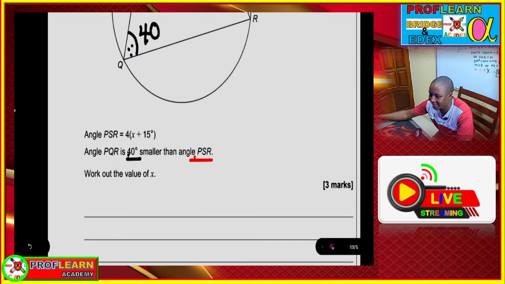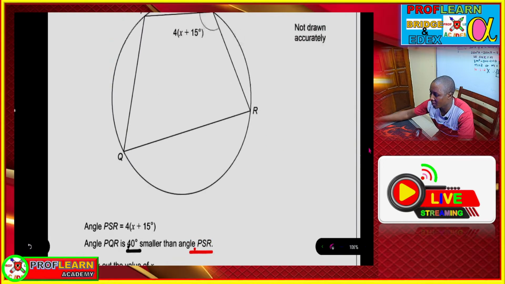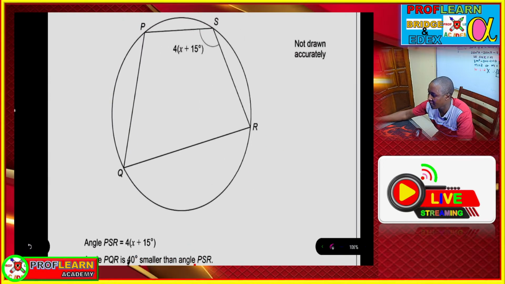I made a mistake there. So we're going to say smaller than that. So this is going to be 4x. Yeah, this is going to be 4x plus 60. So it's going to be plus 20 here.